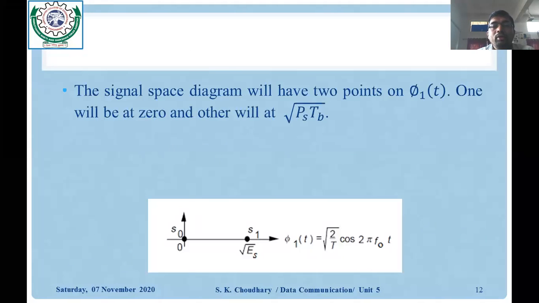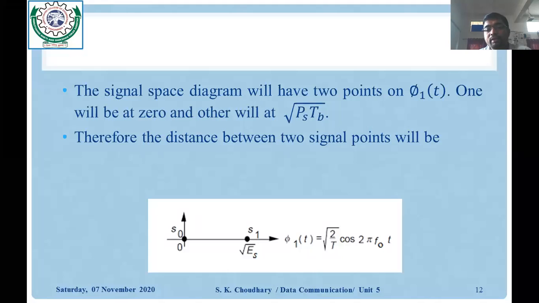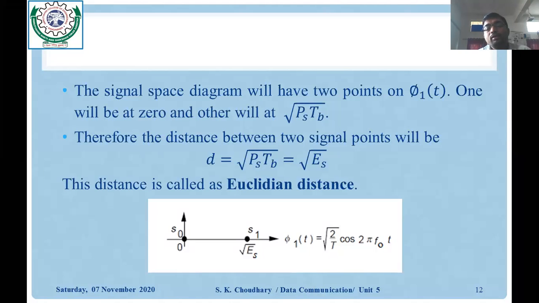That's why it is represented on only one axis. If binary 0 were also present, then it would be expressed on the orthogonal axis also. So the signal space diagram will have 2 points on phi_1(t). One is at 0 because for binary 0 there is an absence of the signal, and the other is at the amplitude of the square root of P_s T_b.